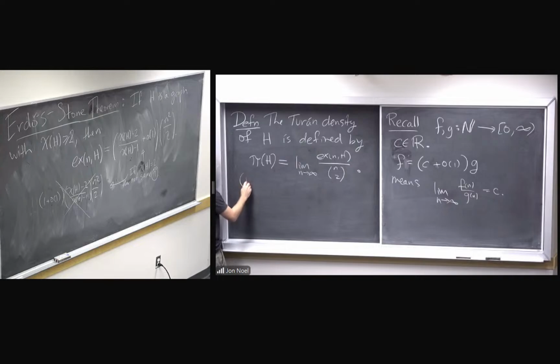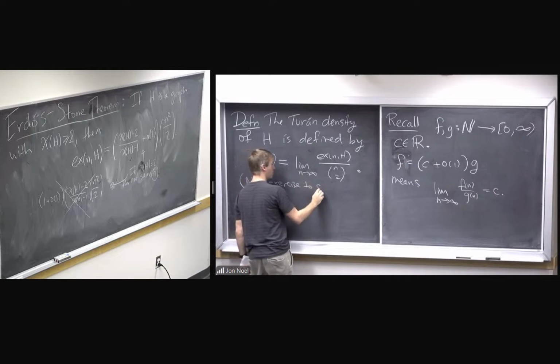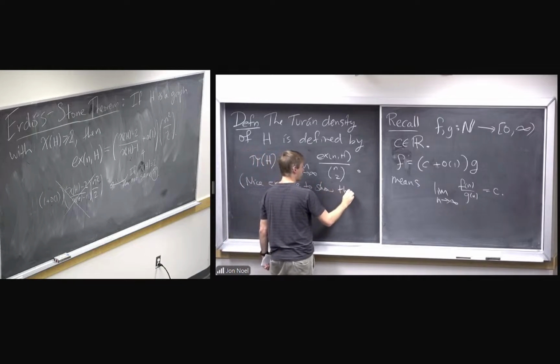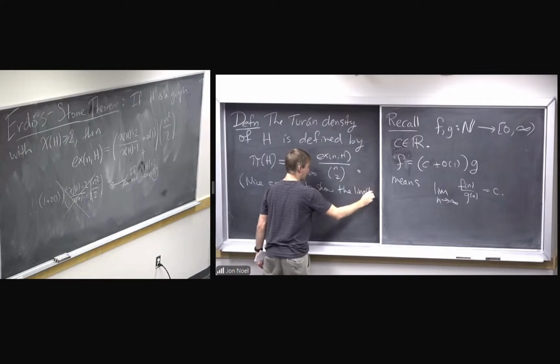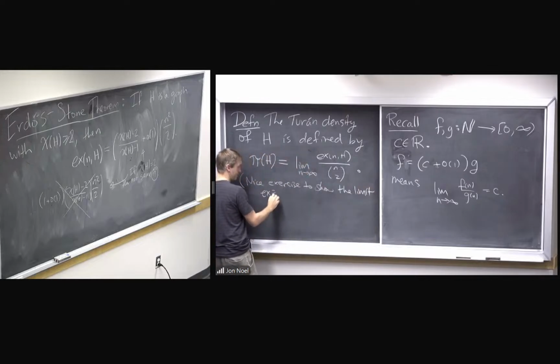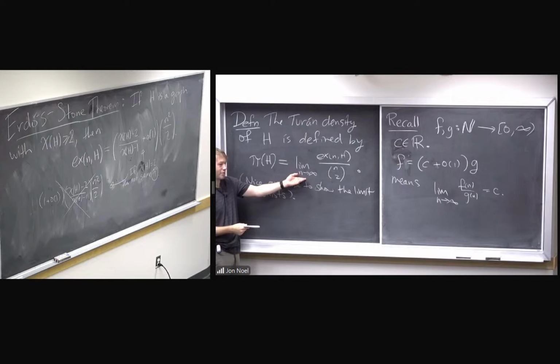It's a nice exercise to show that the limit actually exists. Because you'll remember from calculus or analysis, you can't just write limit; limits may not exist. They may fluctuate or do some weird things as n goes to infinity. But actually the limit does exist for this.